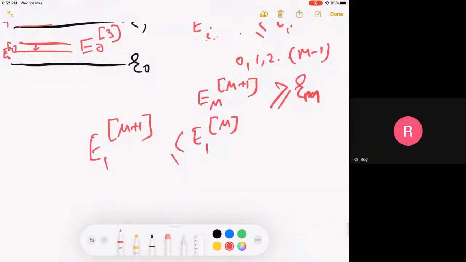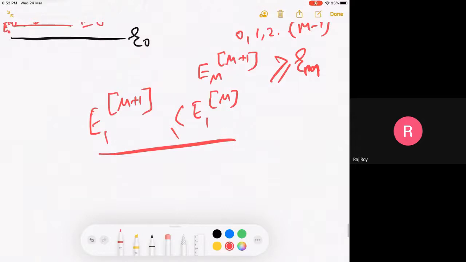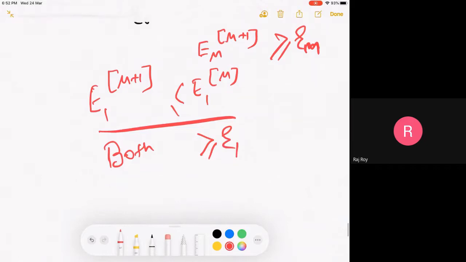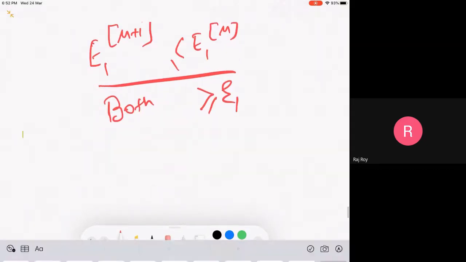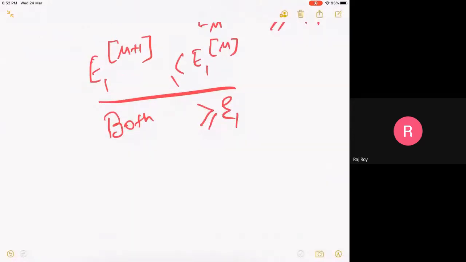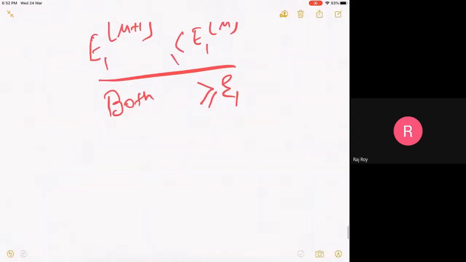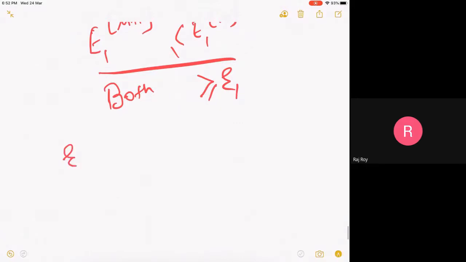But both of these will be greater than or equal to epsilon 1. So epsilon 1 will always be the lowest. And of course, epsilon 0 will be also lowest. The lower roots will be anyway lower. So I can specifically say epsilon 1 would be less than or equal to E1 m plus 1, less than or equal to E1 m.